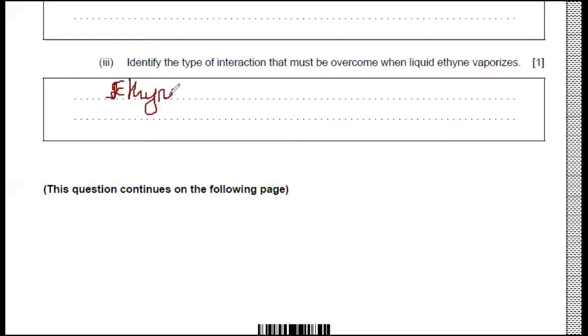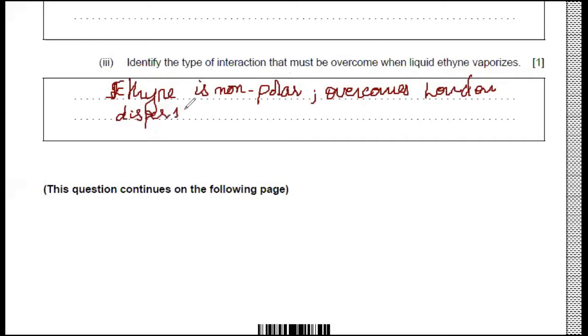Ethyne is non-polar and has to overcome London dispersion forces while it is vaporized.